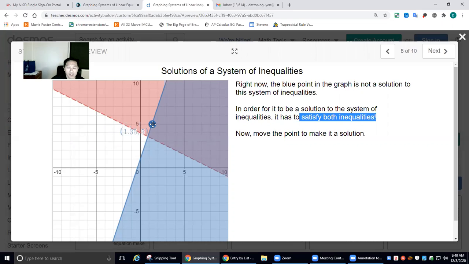How about any other easier points we can go? So right here, 1.35 comma 5, that's one point. Can anyone tell me another point I can move it to?